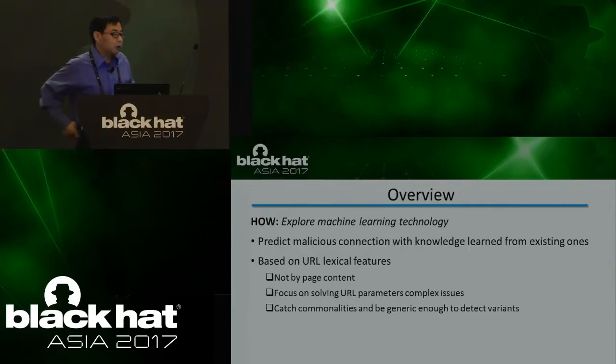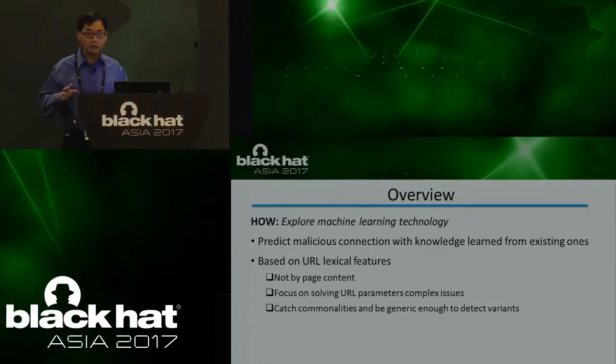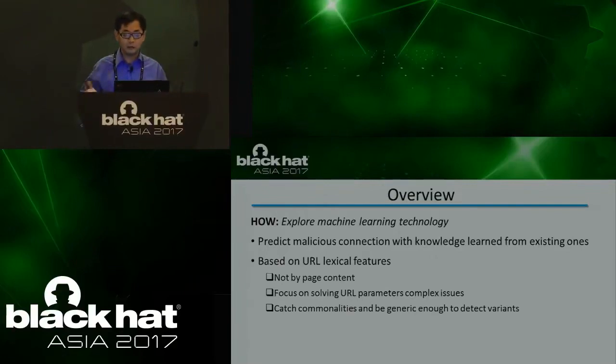Okay, so then the question is what kind of method we try to use? As I already said, using machine learning technology is not very new. When we started the project 3 years ago, it was kind of new, but now we see the trend that everybody starts to claim they have this kind of technology built in.